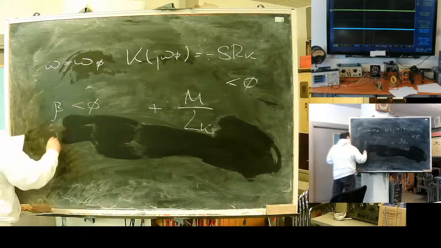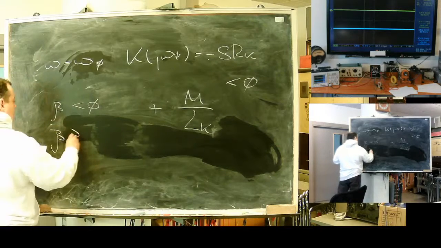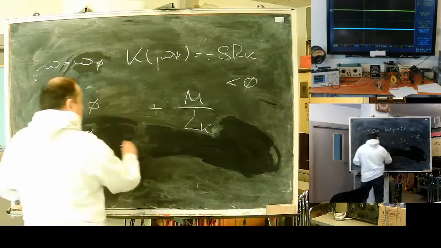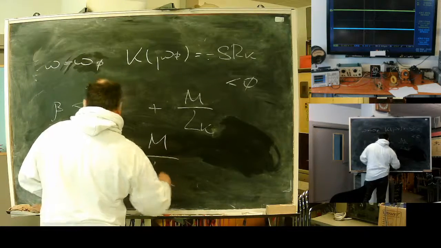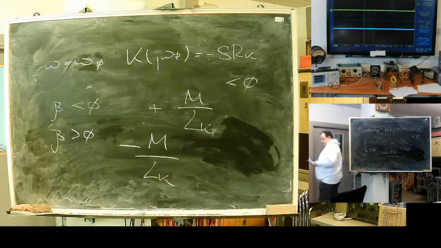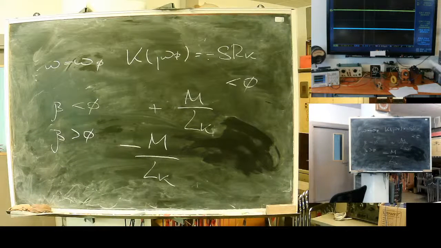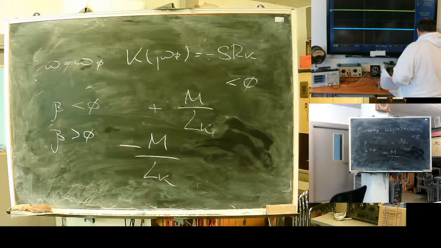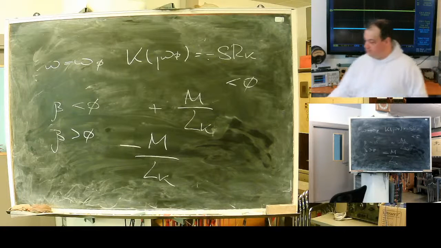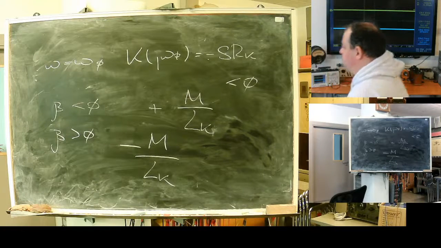If we need beta greater than 0, we need to have an inversion, negative coupling.